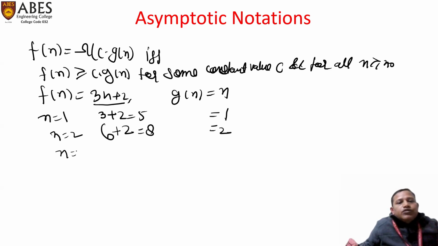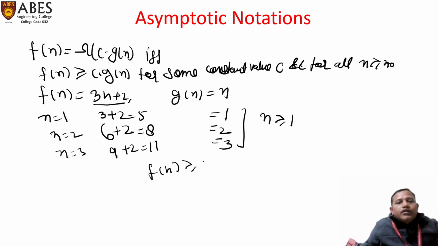Similarly, if n is equal to 3, this will be 9 plus 2, that is 11, and g(n) is equal to 3. Means for all values of n greater than or equal to 1, it is true that f(n) is greater than or equal to g(n).